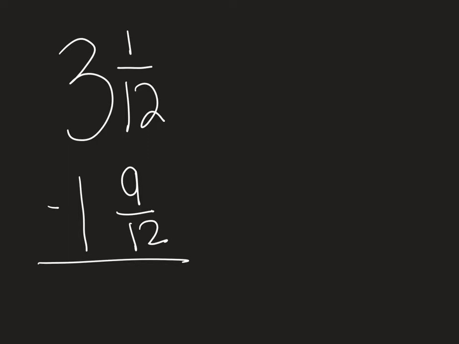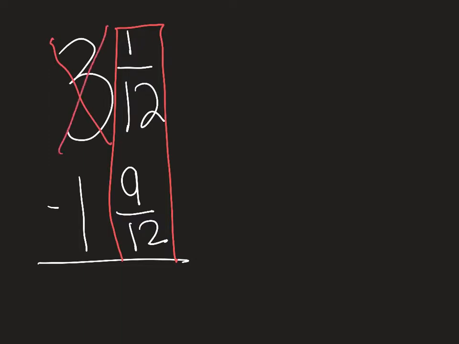I have 3 1/12, take away 1 9/12. Okay, this one you would have had to draw a lot of boxes for, but instead with this new trick, we don't have to draw any at all. So I'm going to start with my fractions. 1/12 take away 9/12. I can't do that, so I go next door. My 3 becomes a 2, because I'm borrowing that 1. Then I'm going to add my denominator to my numerator.